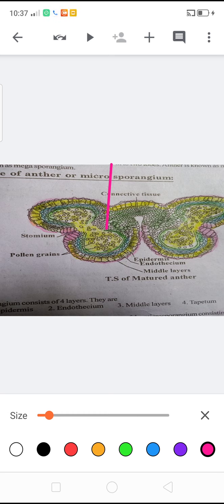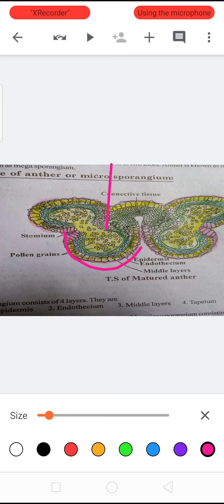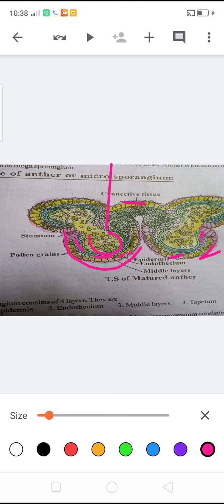These are, in pink color, epidermis, endothecium, the middle layers, and next tapetum. Microsporangium consists of 4 layers: epidermis, next endothecium, next middle layers, and tapetum.